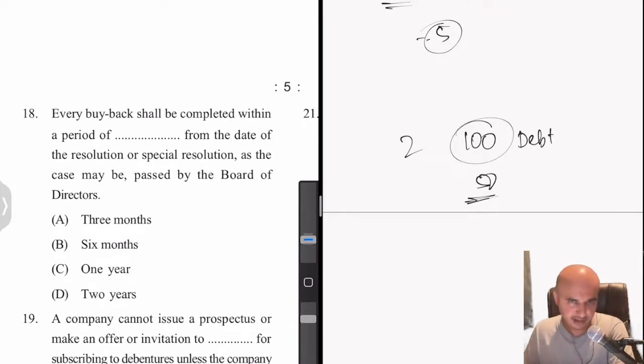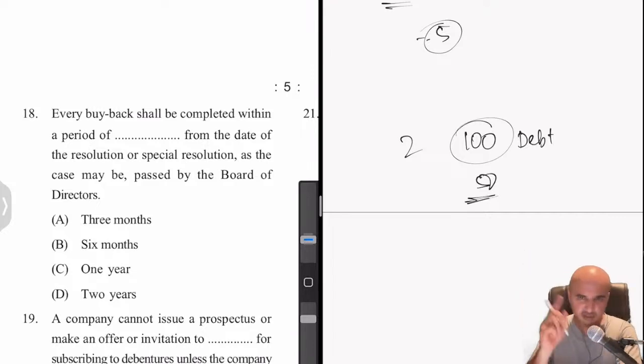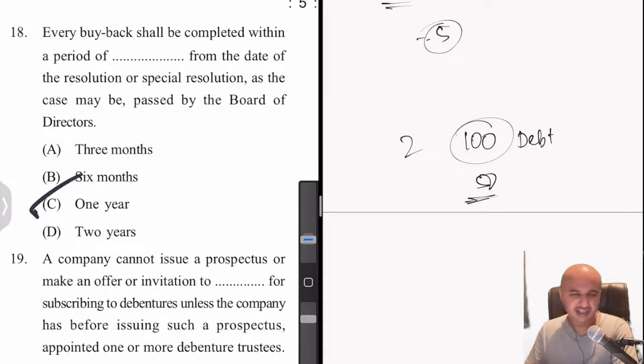Once again about buyback. Every buyback shall be completed within a period of 1 year from the date of resolution or special resolution, as the case may be, passed by the board of directors. This is a very easy question to remember. 1 year is the right answer. Again and again I have been telling that CMA is something which you cannot study without studying company law.